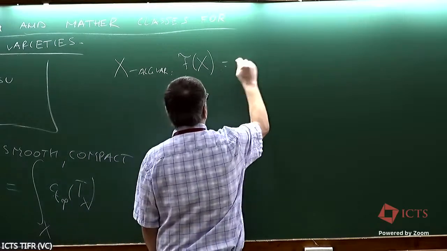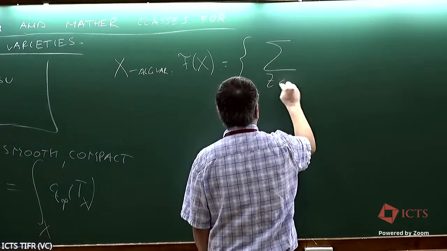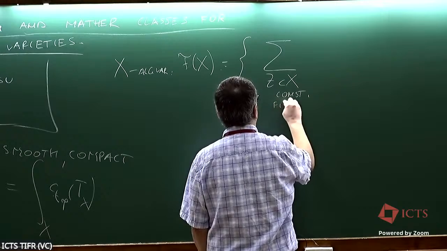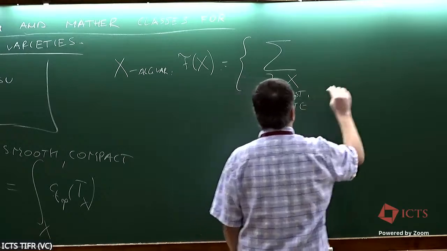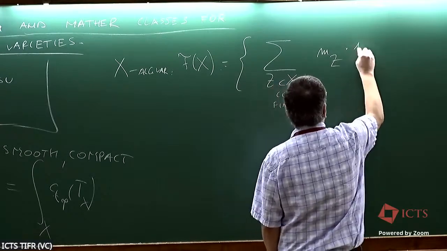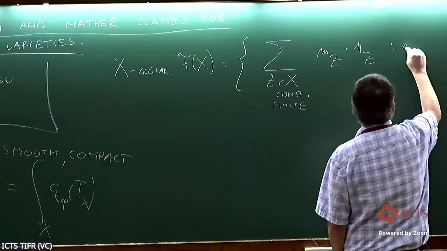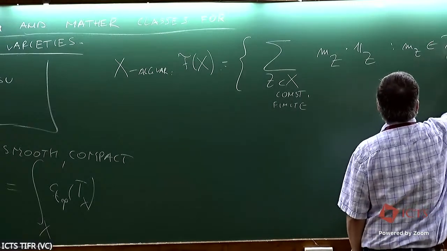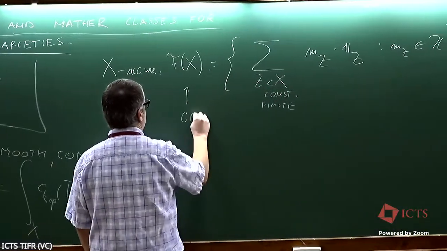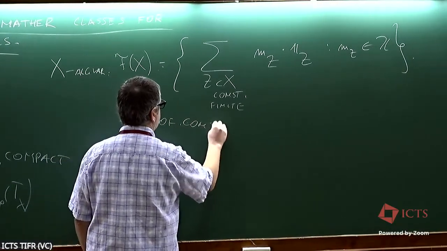Then F of X is just finite formal combinations of indicator functions of constructible subsets Z inside X, with integer multiplicities m_Z. This is called the group of constructible functions. It's obviously a group.